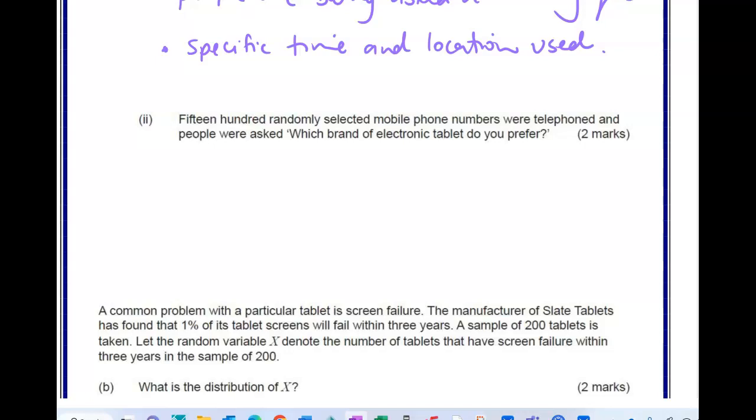So you're not capturing enough of the population. So that's biased. Even though the question itself is not biased and is a better question, there is bias in the fact that they're using mobile phone users, and people might just hang up as well. What was the second one?